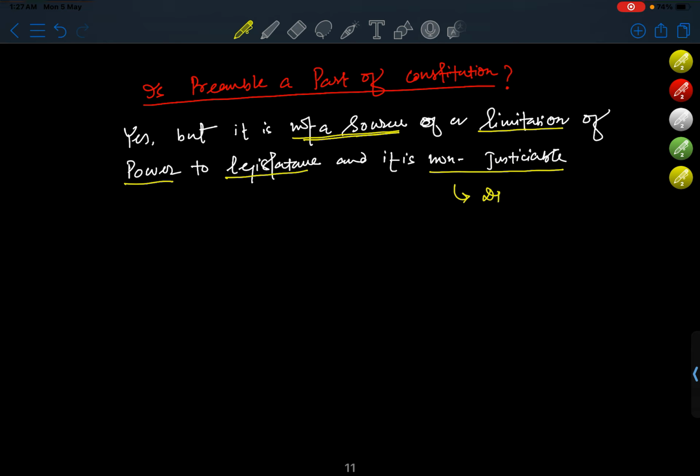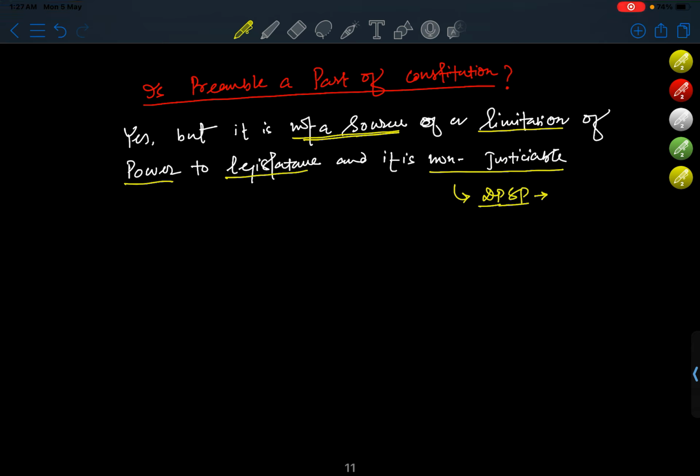Like DPSP, directive principles of state policy, which I will discuss later, the preamble is also non-justiciable, which means you cannot challenge it in court. If you say it is written in the preamble and you have been denied it, you cannot go to court for violation of these.